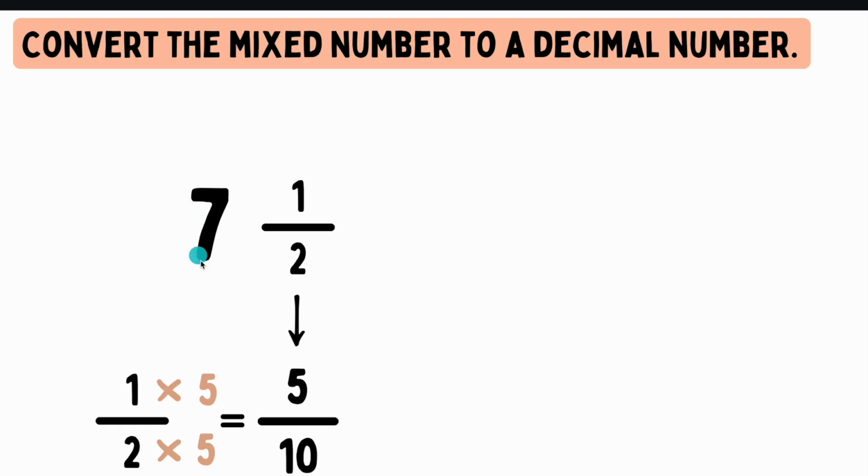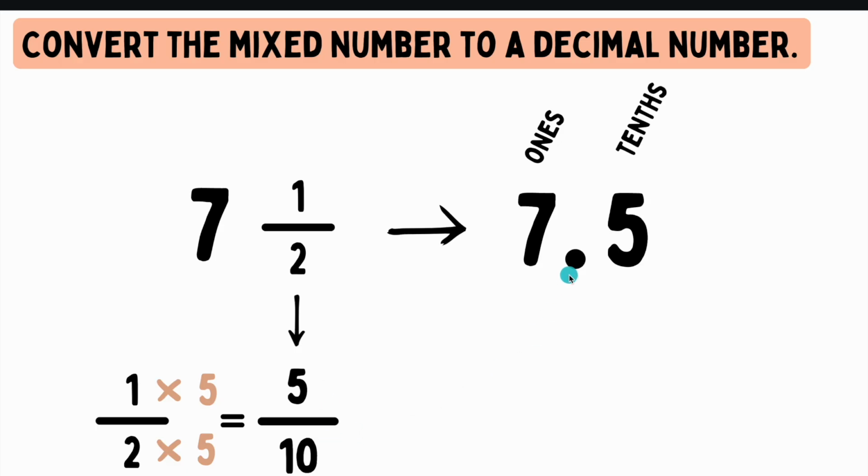So we have 7 and 5 tenths. That means we have 7 ones. Now we need the decimal point, and we have 5 in the tenths place, 5 tenths. 7 and 1 half is the same as 7.5, or 7 and 5 tenths.